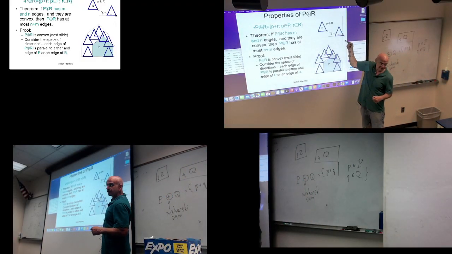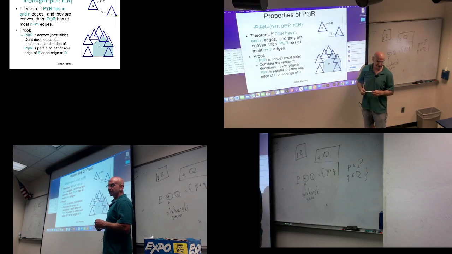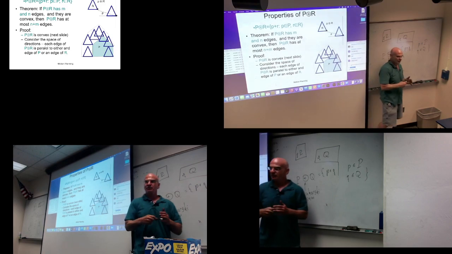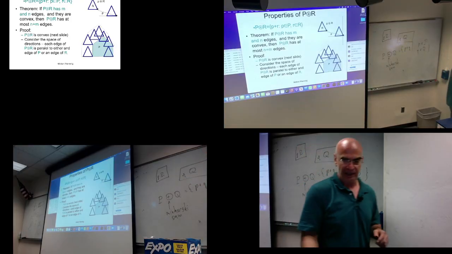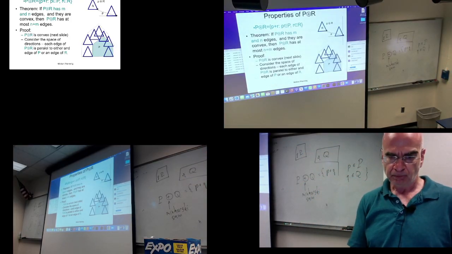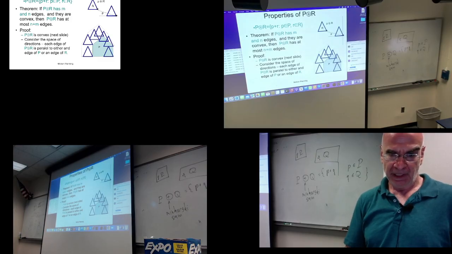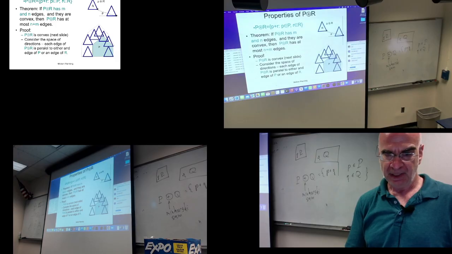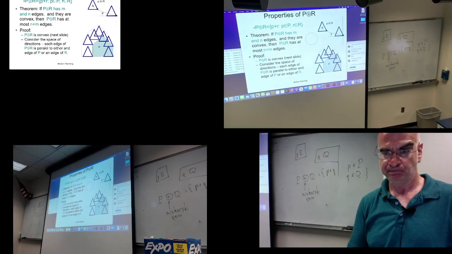If P is convex and Q is convex, then the Minkowski sum is convex. That will be really useful for the motion planning problem. And every edge of P plus R is parallel to either an edge of P or an edge of R.